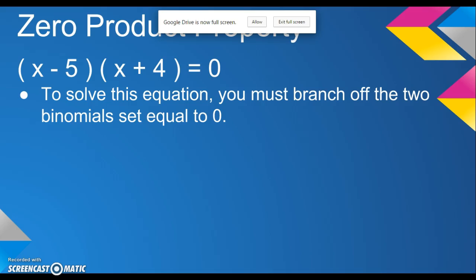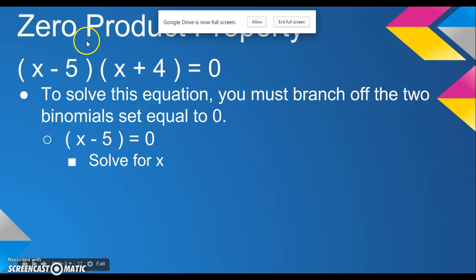So you would say x minus 5 equals 0. That's the first equation that you're branching off. Let's stick on the first one and solve for x. So x minus 5 equals 0. What minus 5 equals 0?